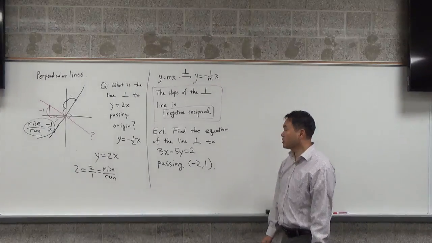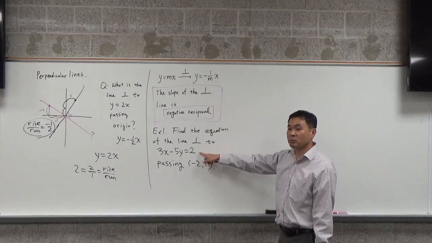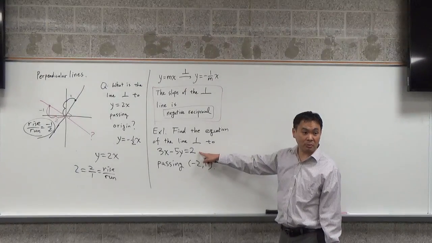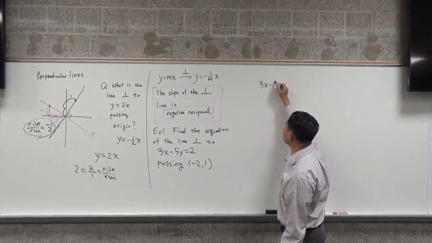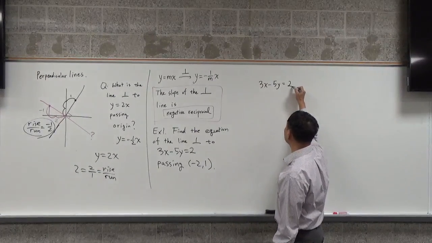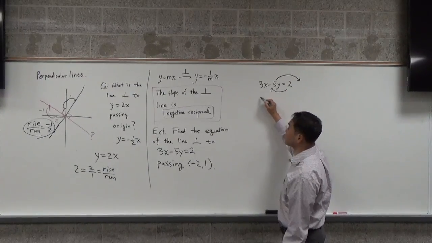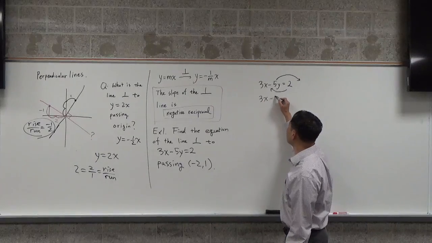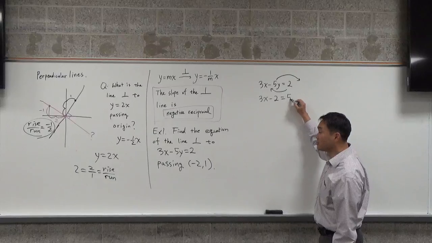Okay, first, we have to get the information of the slope, right? So let's get the slope. 3x minus 5y equals 2. I'm going to move 5y here and 2 over there. So 3x minus 2 is 5y, right?